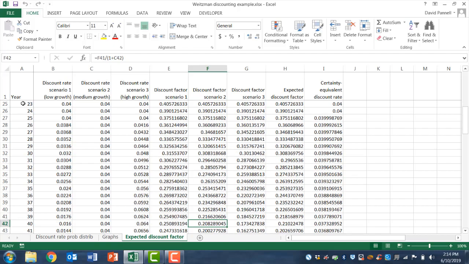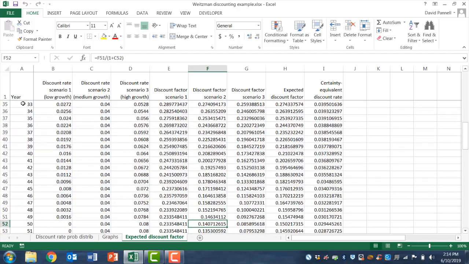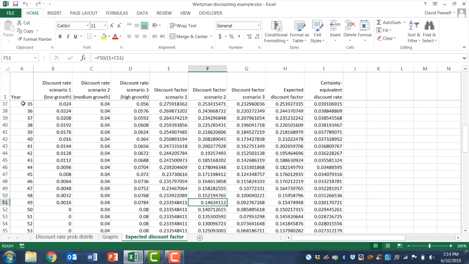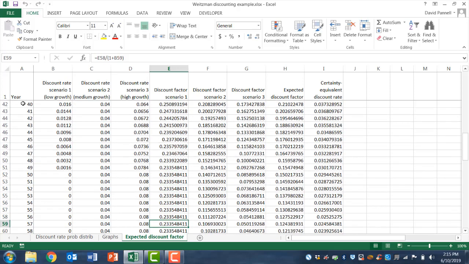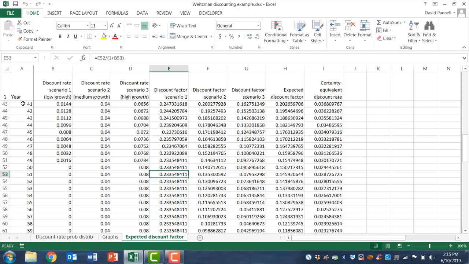That pattern continues on until you get to year 50, and then you can see that under the 0 discount rate, which applies from then on in the low discount rate scenario, there's no further change in the discount factor, while in the high discount rate scenario it does continue to change.